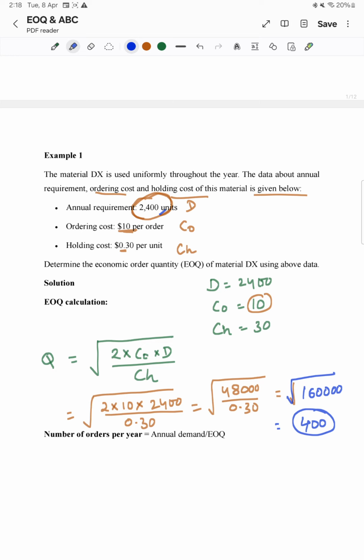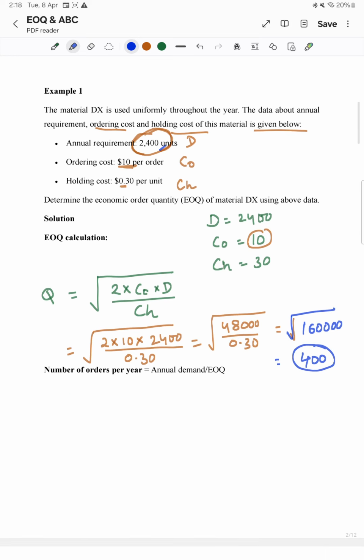Now in the exam, other than EOQ, we may ask you to find out the number of orders per year. Per order we need to order 400 units. The question is how many orders we need to place in a year.